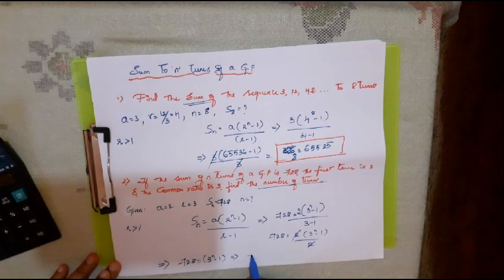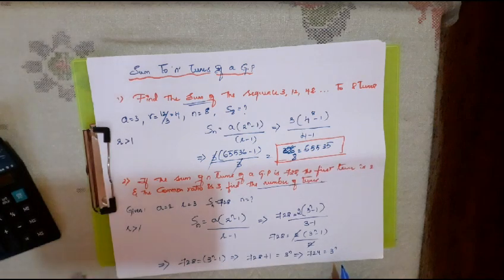Shifting this, 728 plus 1 is equal to 3 to the power n. So 729 is equal to 3 to the power n. We have to find the power of 3: 3 to the power 6 is equal to 3 to the power n. So the 3 cancels, and n is 6.